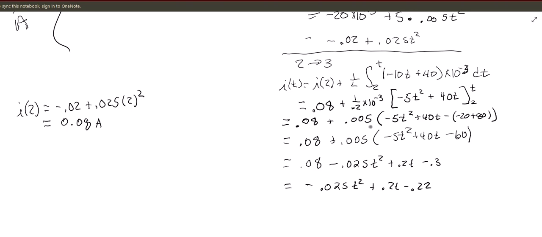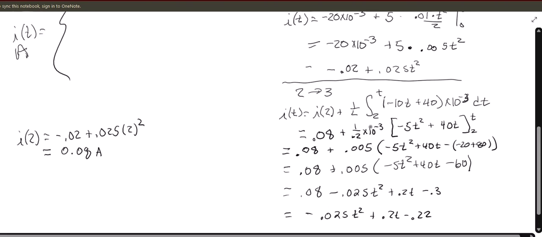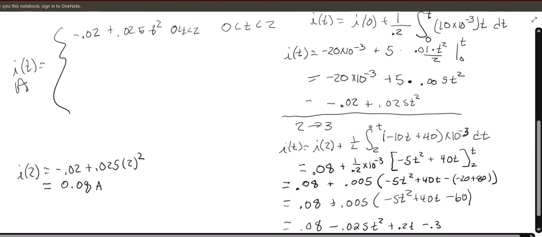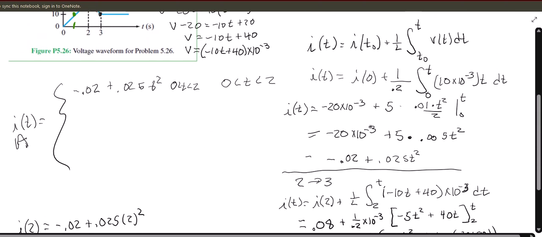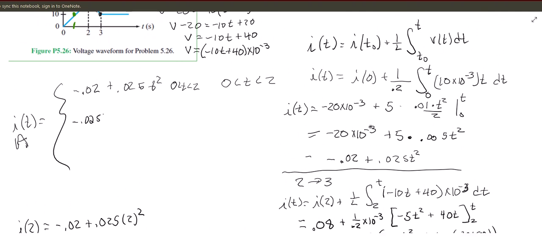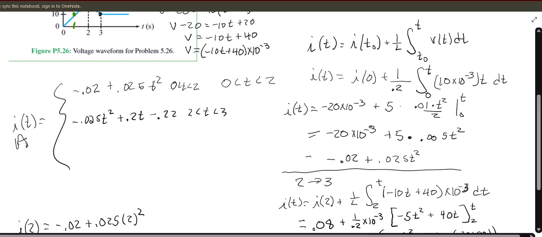So with all these numbers, I would be really surprised if they're all correct, but I did try. Okay, so minus 0.025 t squared plus 0.2t minus 0.22 for t between 2 and 3.